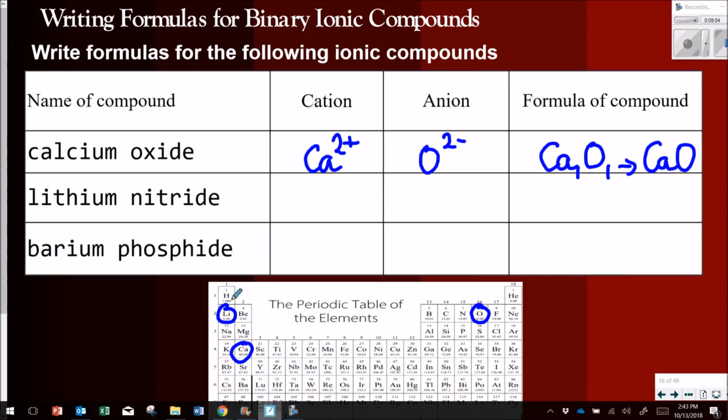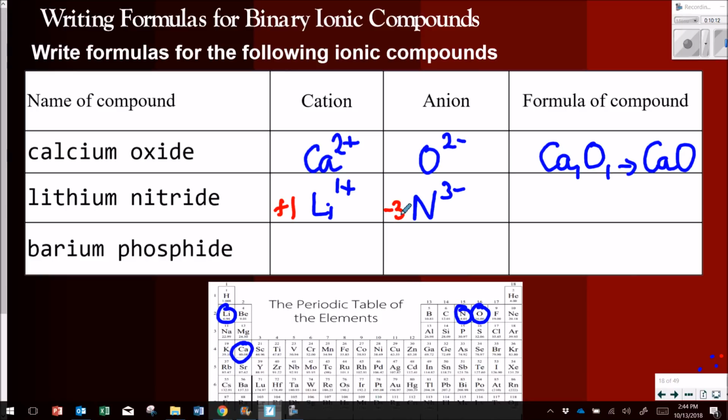Lithium is over here. So lithium has a charge of +1. Nitride comes from nitrogen. So I have N with a charge of -3 for the anion. I have to balance out the charges. I have a total of +1 on the cation side, and I have a total of -3 on the anion side.